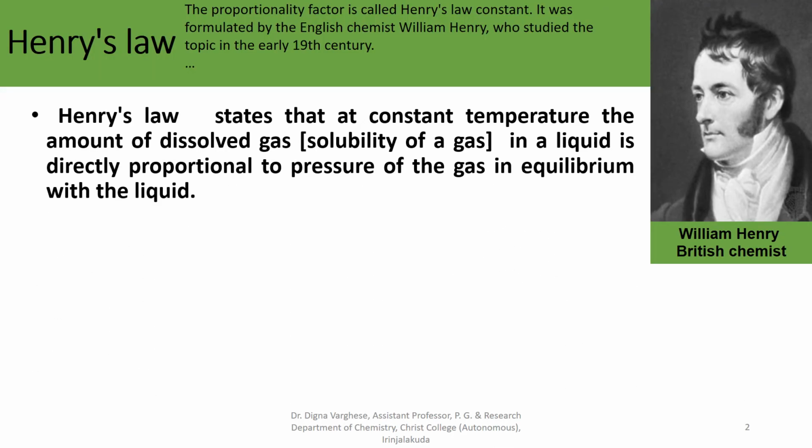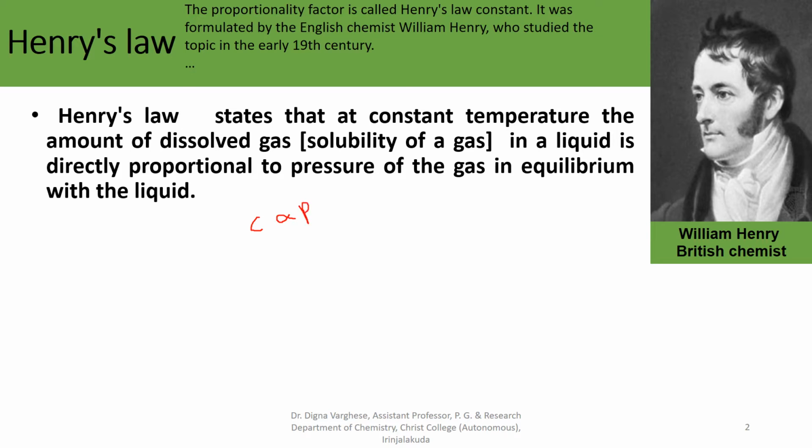Henry's law states that at a constant temperature, the amount of dissolved gas in a liquid is directly proportional to the pressure of the gas in equilibrium with the liquid. If C mole per liter is the solubility of the gas at a definite temperature, it is directly proportional to the pressure of the gas.